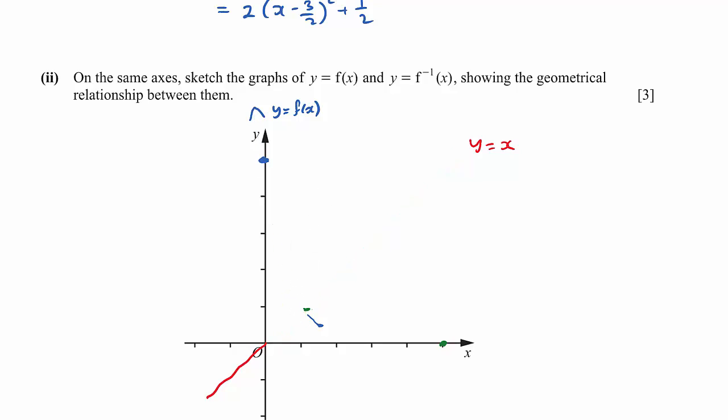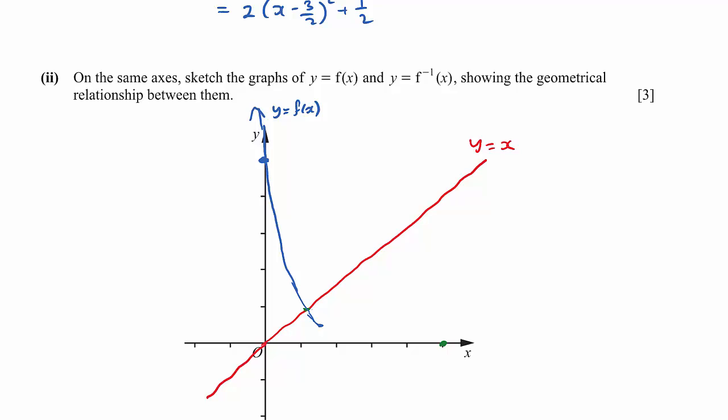So that's y equals x. Let's put the original curve back on, like so. Not very happy with that either. You get the idea. I'm sorry this video is becoming such a mess.